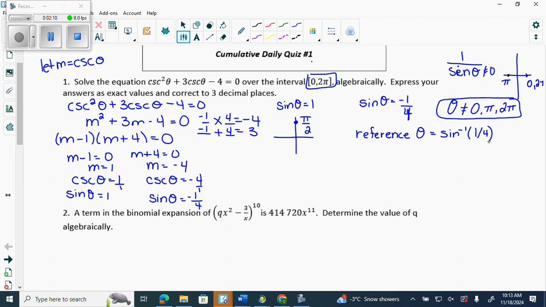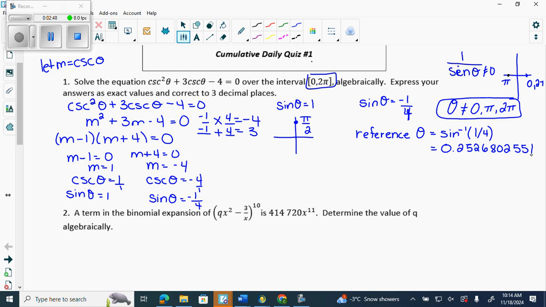Sine inverse of 1/4 in radian mode. So our reference angle is 0.2526802551.